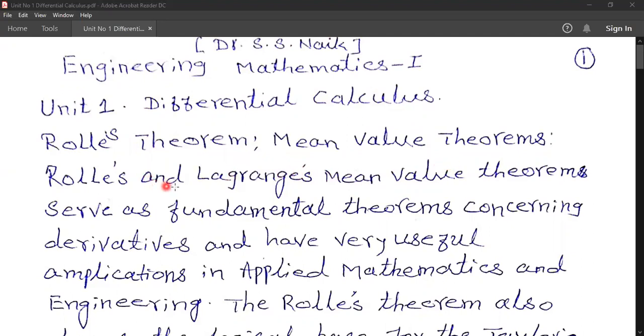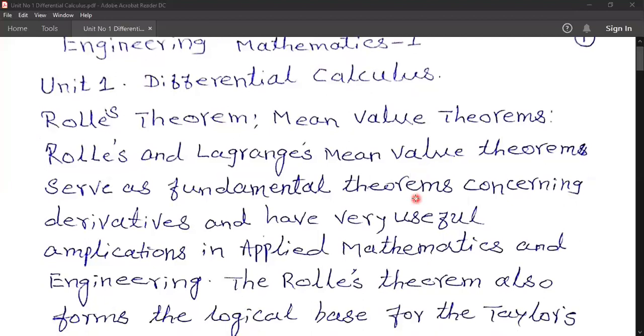Rolle's theorem and Lagrange's mean value theorems serve as fundamental theorems concerning derivatives and have very useful applications in applied mathematics as well as engineering.